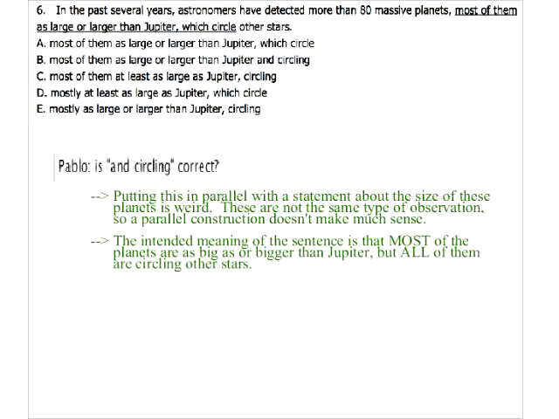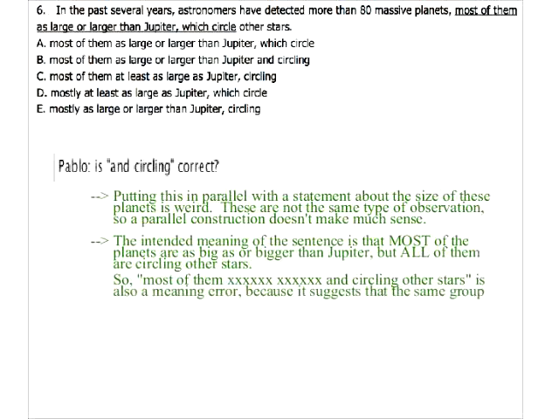So there's also a meaning error if you put these things in parallel. If you say most of them x, x, x, and circling other stars, that is also a meaning error. Because it suggests that a subgroup of planets that are larger than Jupiter are the ones that circle other stars.